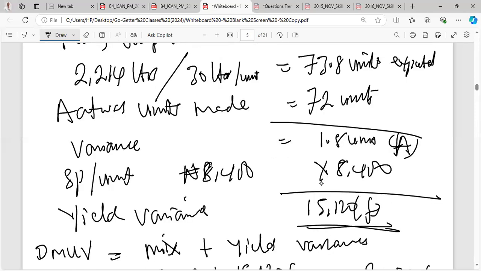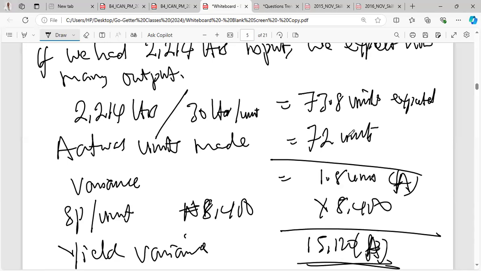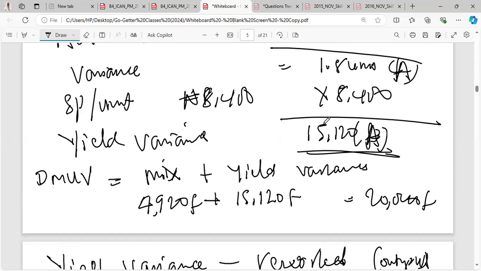This should have been adverse because you didn't get more than what you expected. If the actual output was more than what you expect, it would have been favorable. But if what you're expecting is more than what you are actually getting, it's adverse. But here, that is an input. Now let's look at the logic.